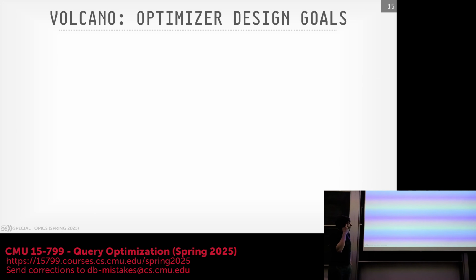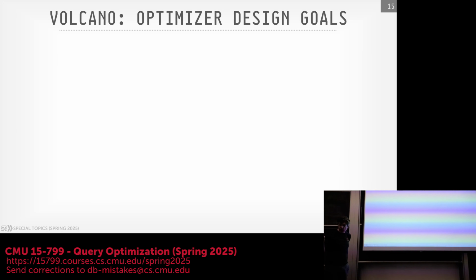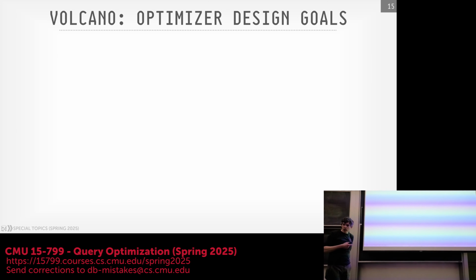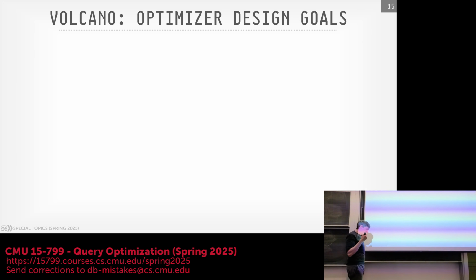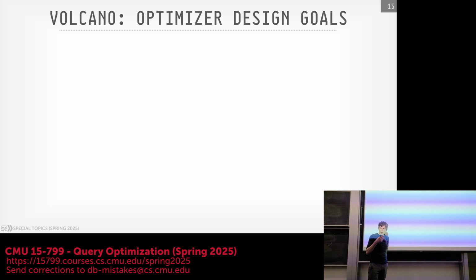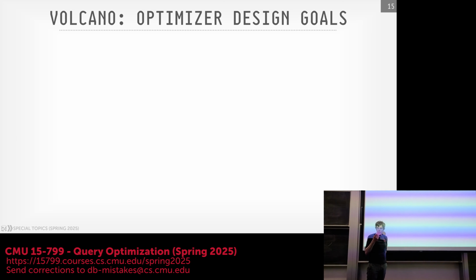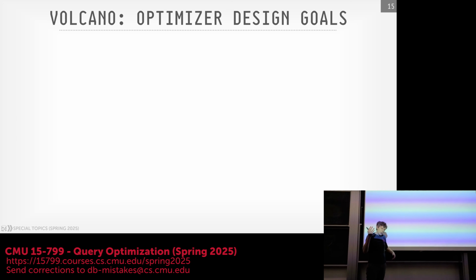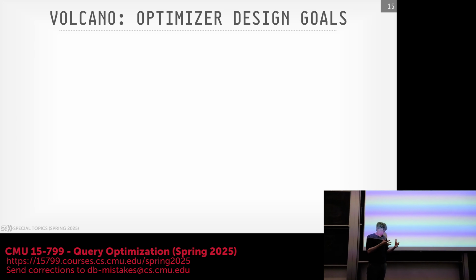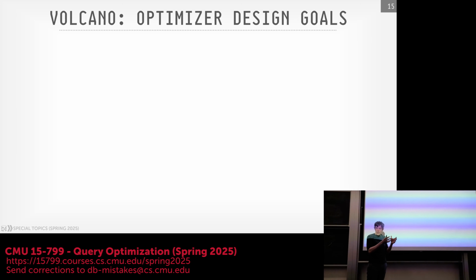All right, so it's interesting to look at what they're going to try to actually achieve in Volcano that Exodus couldn't do. And I will say also, if you've ever heard the term second system syndrome, this comes from IBM. Basically, if you're on a project to build one new system, and you say, okay, let's build the next one, to do a rewrite, you're trying to correct all the things that you did wrong in the first system.